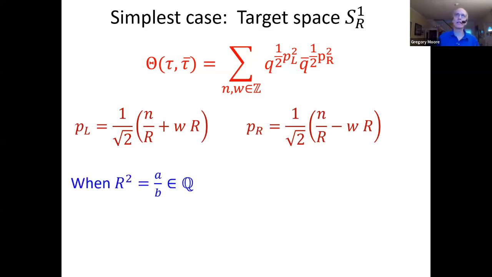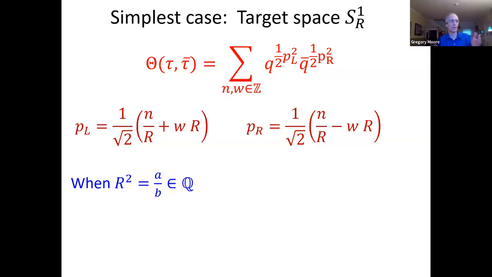So you notice that if r squared is a rational number, then you can solve the equation in the integers n and w. You'd solve the equation p right equals 0, and there'll be infinitely many solutions. And on the other hand, the different solutions lead to different values of p left. So if I fix a power of q bar, there are infinitely many powers of q that go with it.